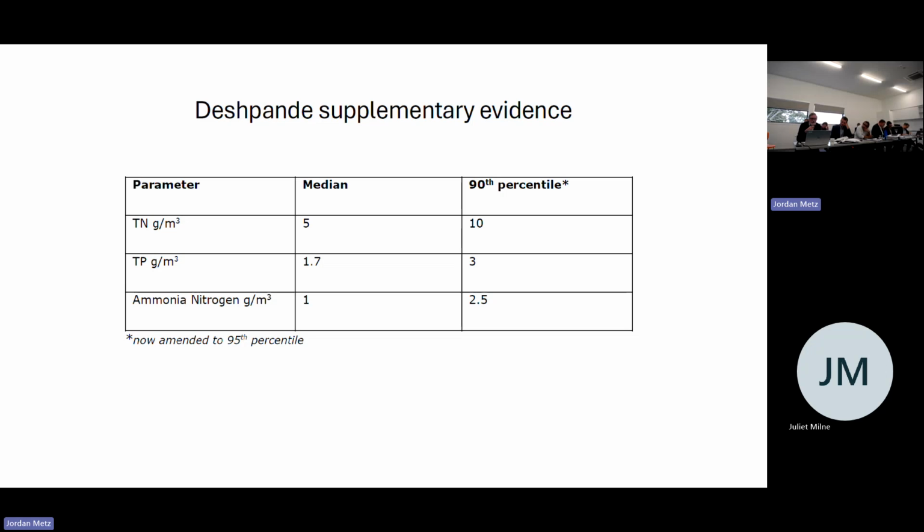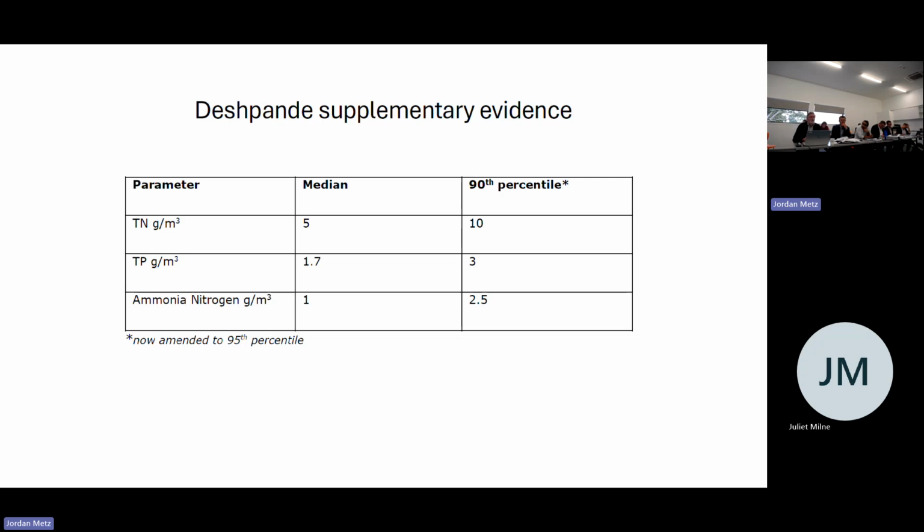Now, comparing that to the discharge standards or the consent conditions that are proposed, which is in the table behind you, we'll see a decrease in that concentration by some margin. So the loads with the new wastewater treatment plant in place will decrease as a result of the new plant being in place.